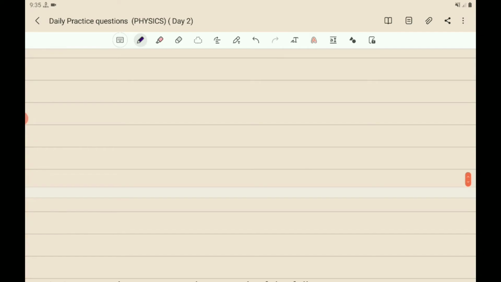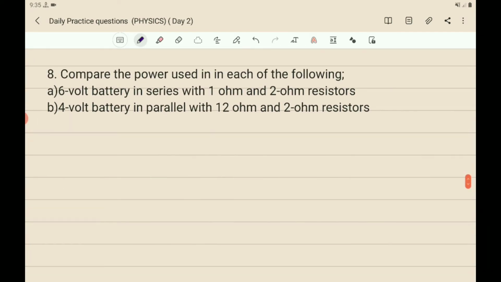Now let us take question number 8. Compare the power used in each of the following: 6-volt battery in series with 1 ohm and 2 ohm resistors, and 4-volt battery in parallel with 12 ohm and 2 ohm resistors. In your textbook there is a question to find the power used in the 2 ohm resistors.